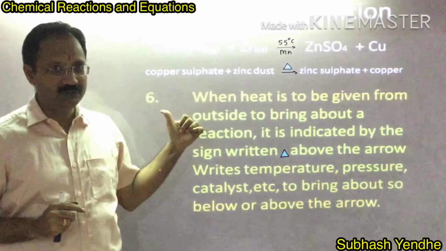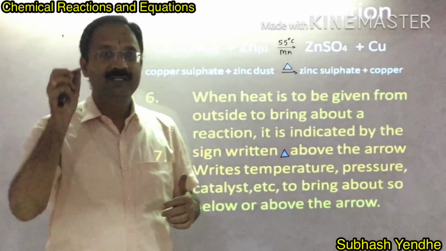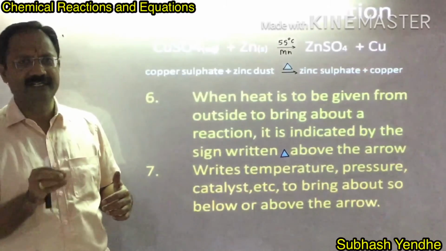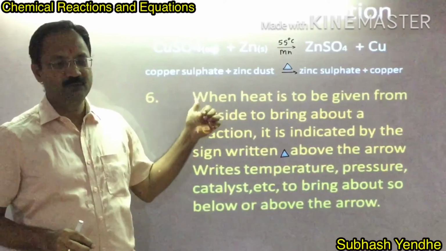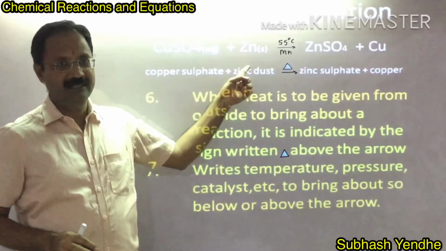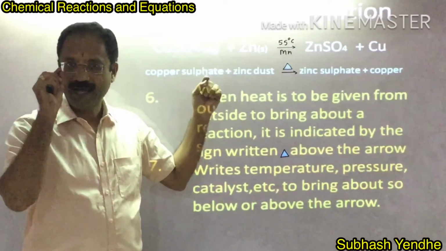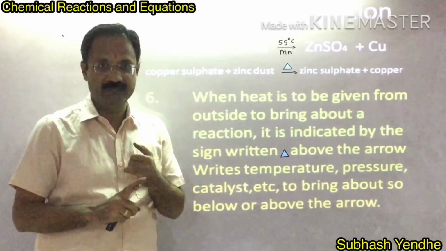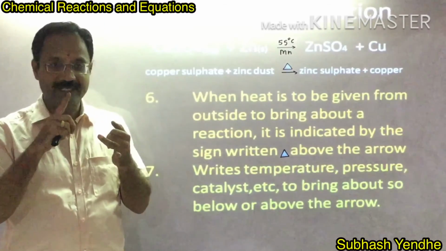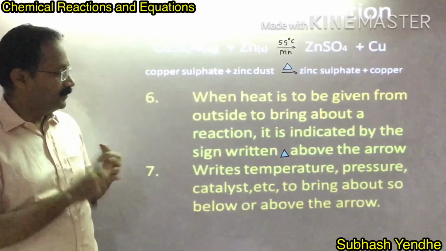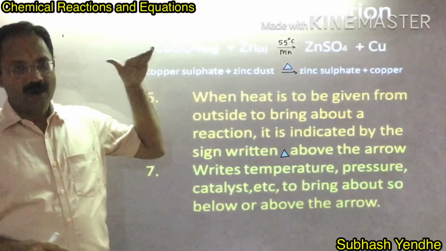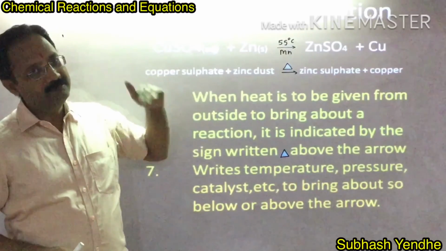The sixth point, if you give heat to the reaction, then you have to show the triangle above the arrow. And the seventh point, if you have taken the temperature, catalyst and pressure, then you have to write those above and below the arrow.